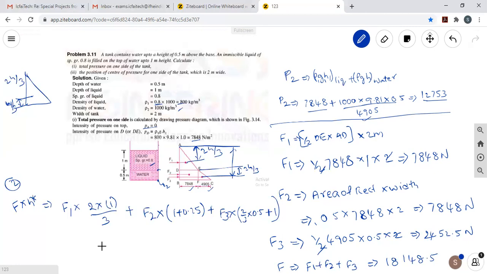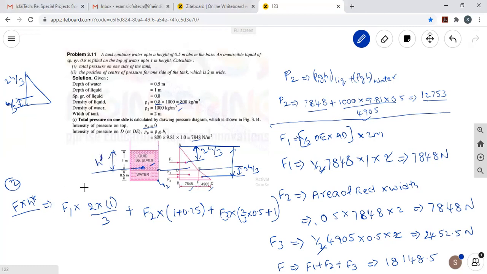Simply I'm writing the moments to calculate the center of pressure, that is F into H star, the moment of the total force of this particular system, let it act somewhere here. The distance from this point to the free surface is H star.